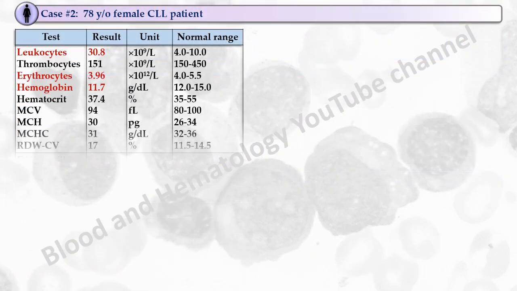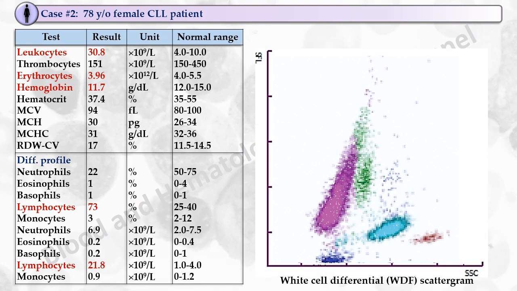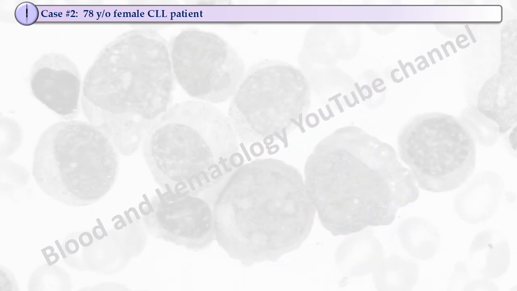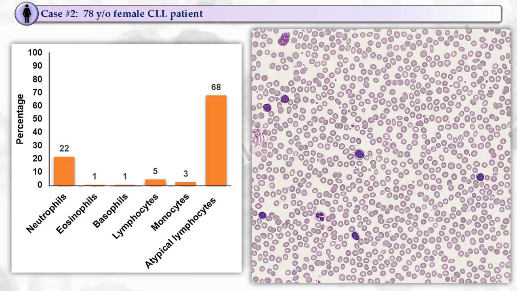The second CLL patient is a 78-year-old woman with leukocytosis and lymphocytosis. Peripheral blood smear examination and manual leukocyte differential count showed 68% atypical lymphocytes and few smudge cells.